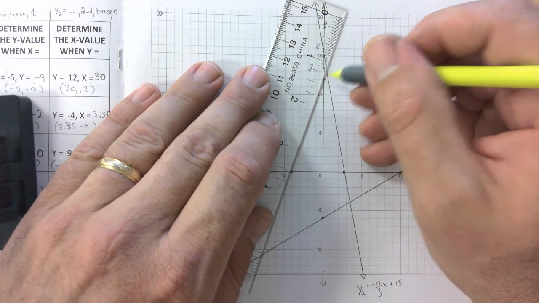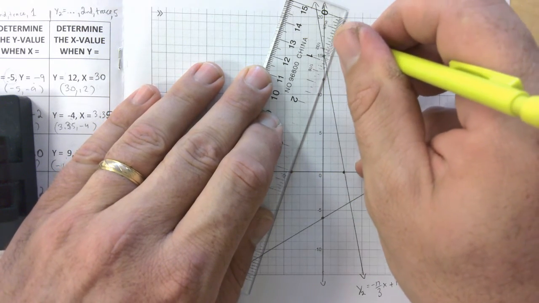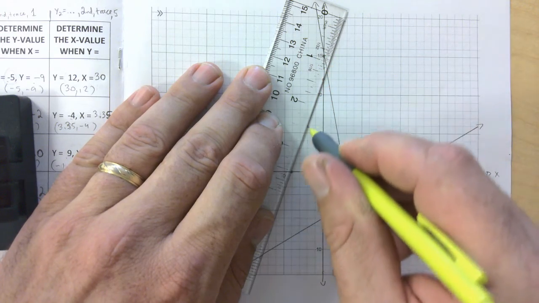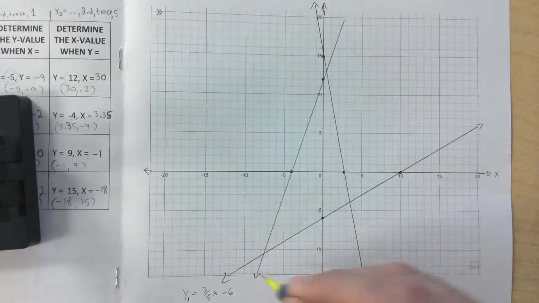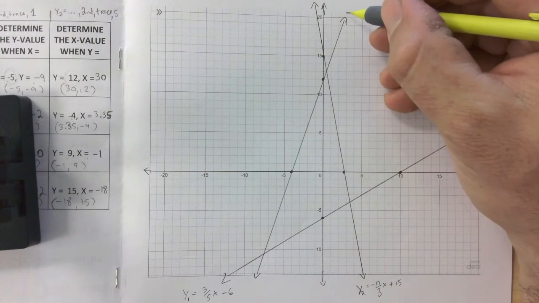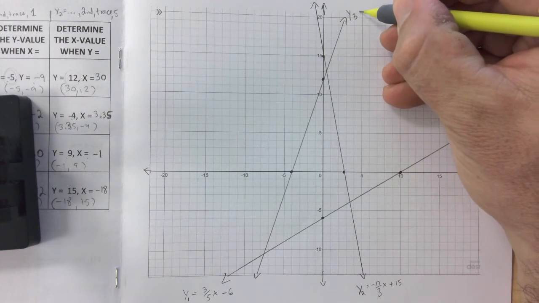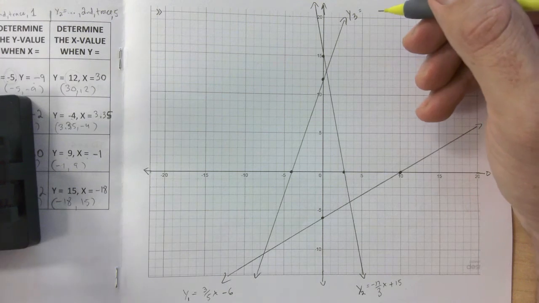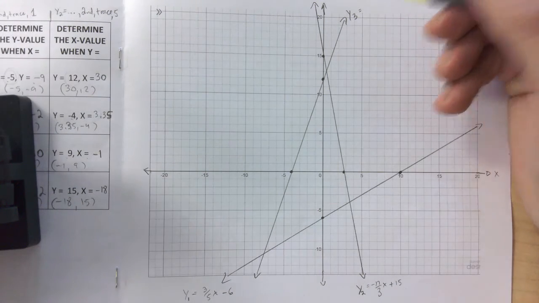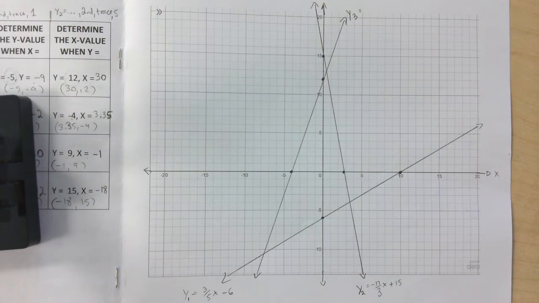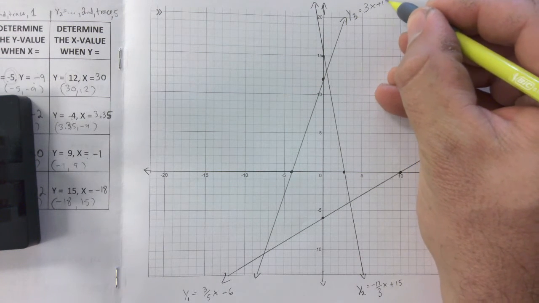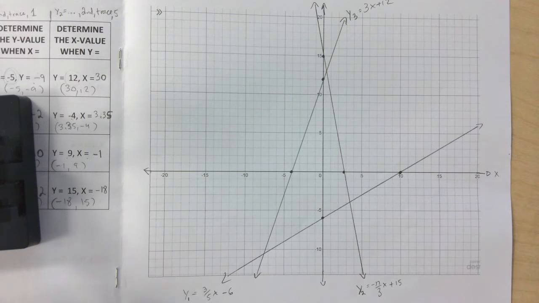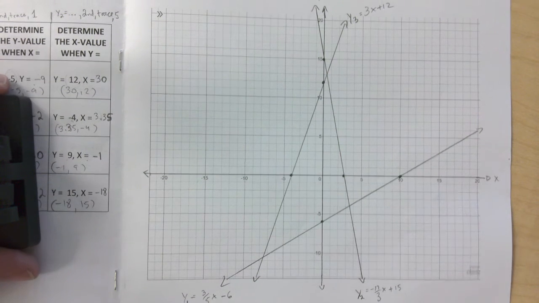And I'm going to make sure that I cross both lines. So you cross one there, and you cross another one down here. I will call this y3 is equal to 3x plus 12. That's way up there. Okay.